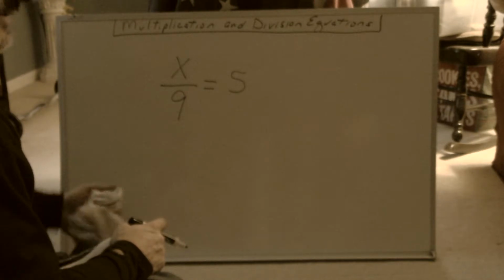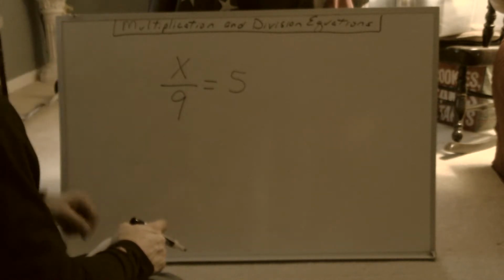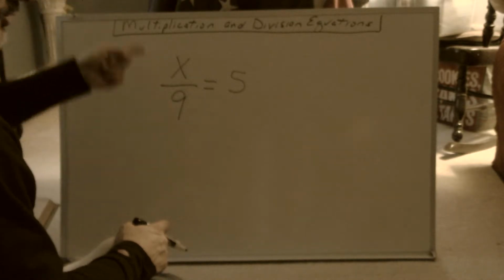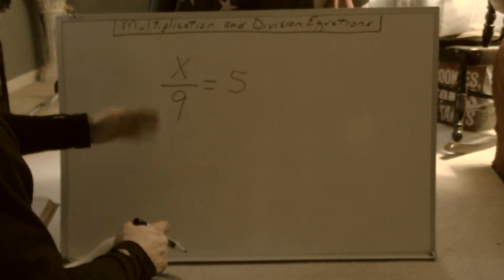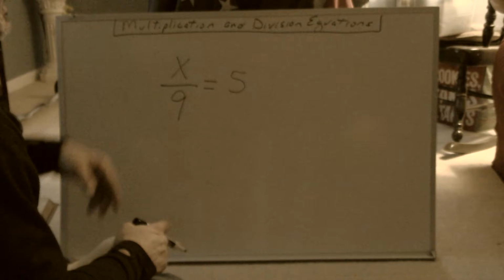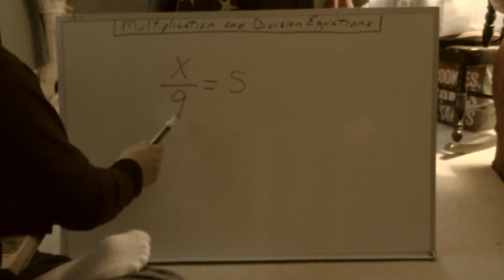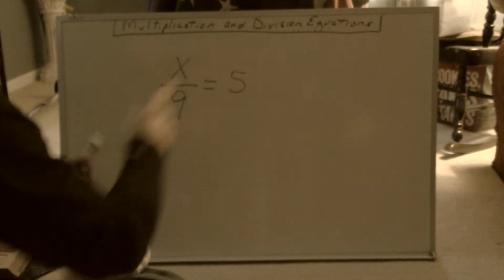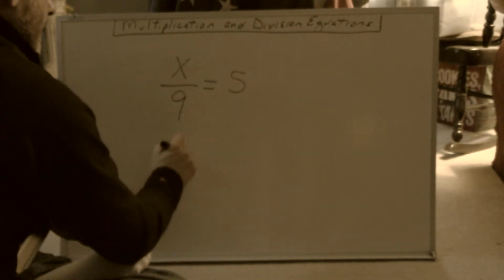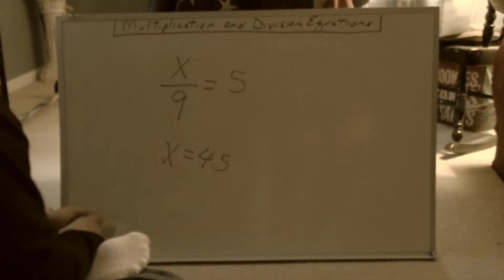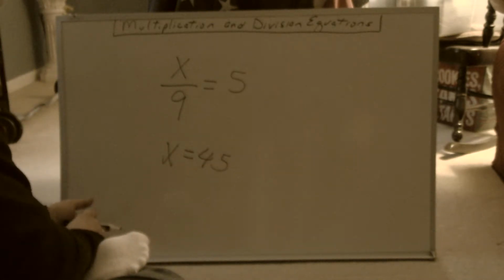Well, we could think of something if we sat here. But let's do it the easy way. Whenever we have a variable as a numerator, and then a number as a denominator, equaling a number by itself, all you do is multiply that denominator times that number it equals. X equals 45. Ta-da, you're done. It's very simple.